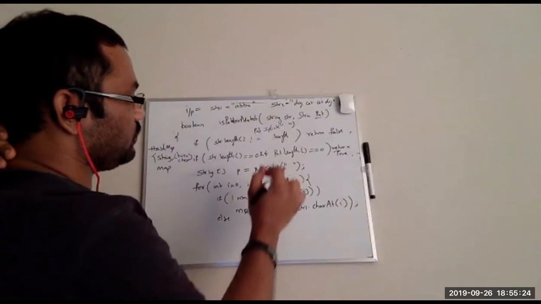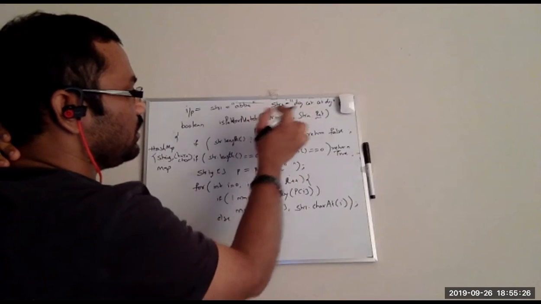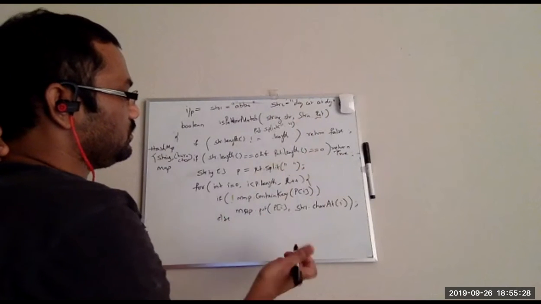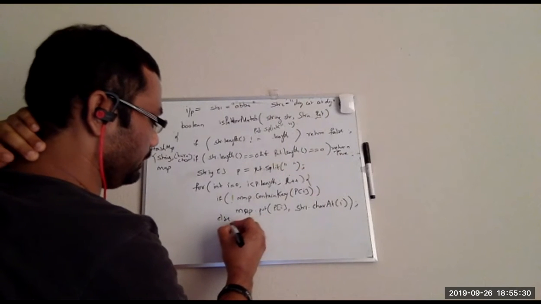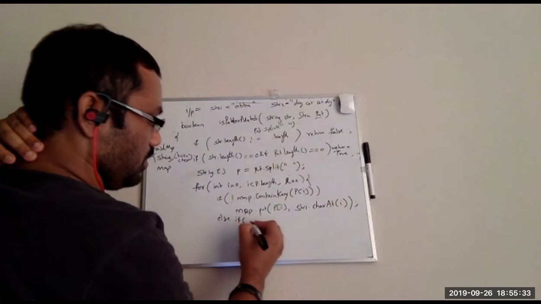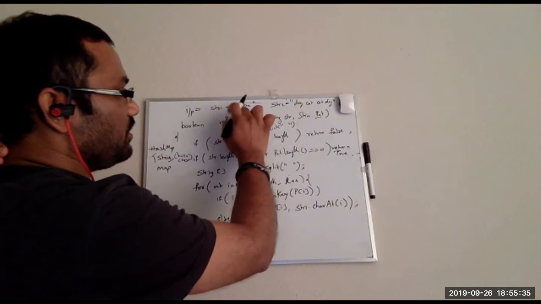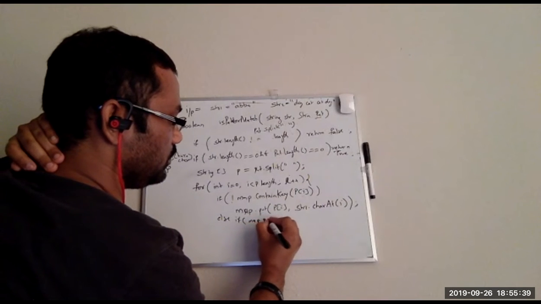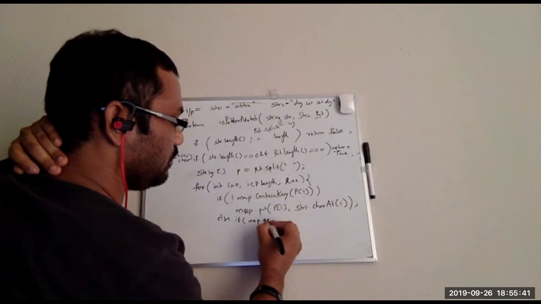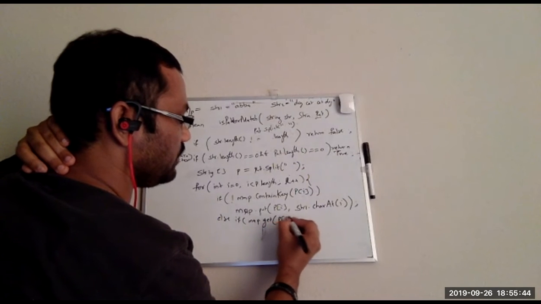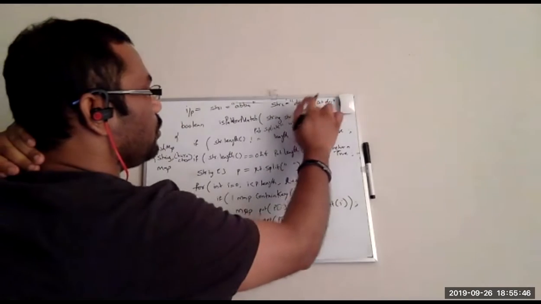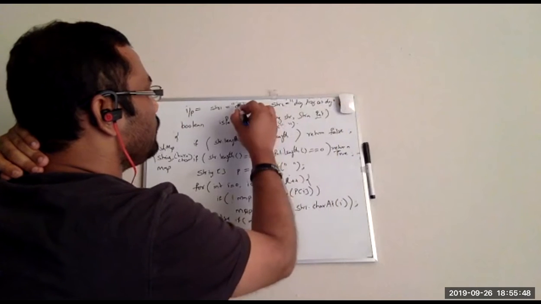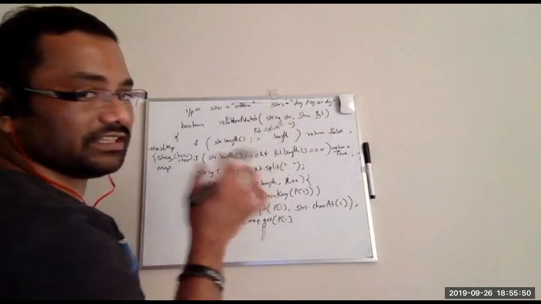And if we have already put the first one, then we'll check the corresponding pattern with the next element in the string. So map dot get p of i. For example, we have dog here and we have a here. So we are checking that case.